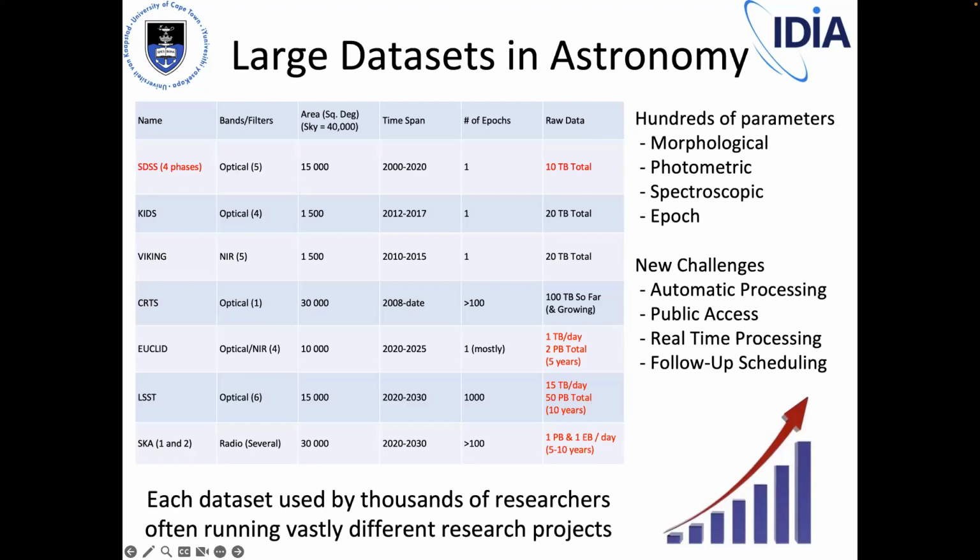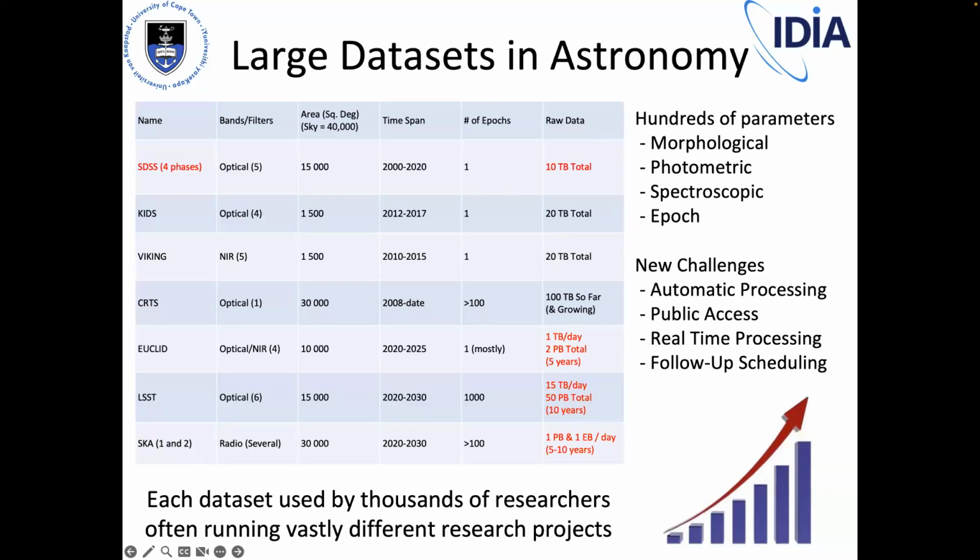So it begs the question of if and how we're going to be able to deal with those data and make sense of it. But the idea is that this data will be used by thousands of researchers around the world, often running vastly different research projects.